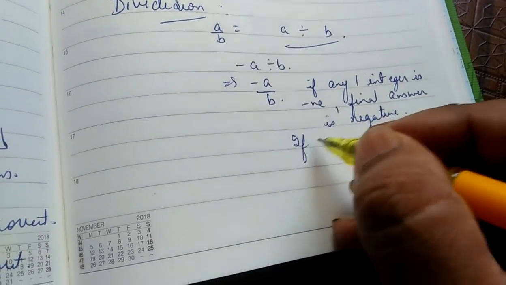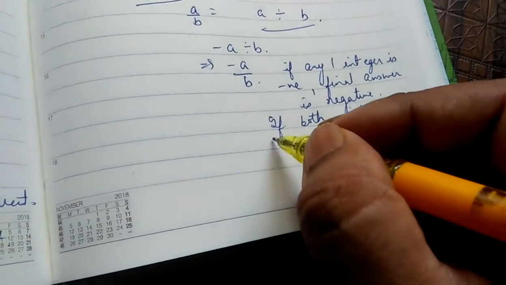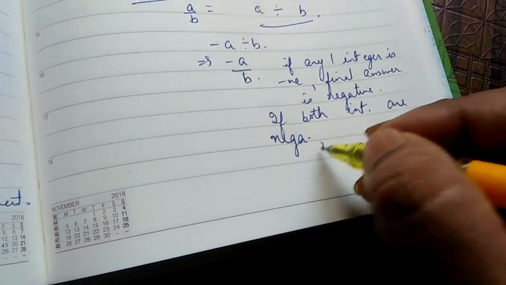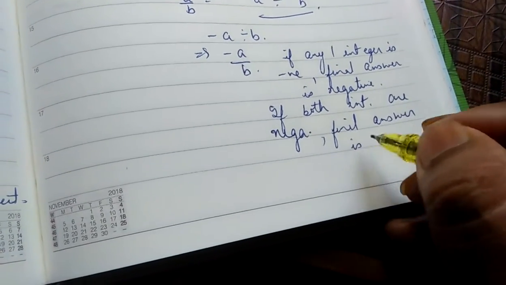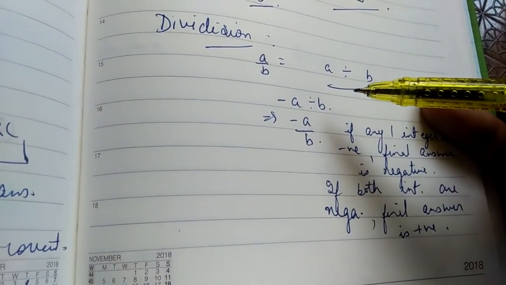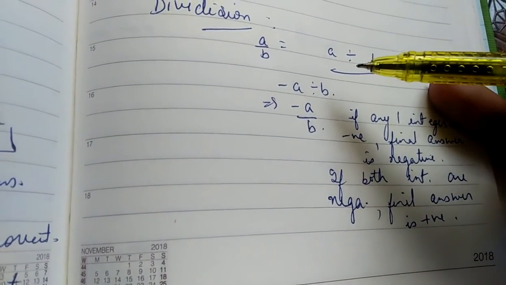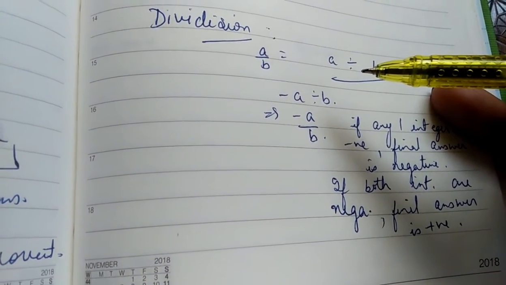If both integers are negative, the final answer is positive. So if the number of negative signs is even, the answer will be positive. If the number of negative signs is odd, the answer will be negative.